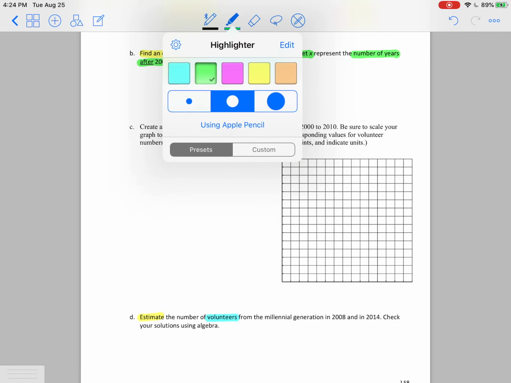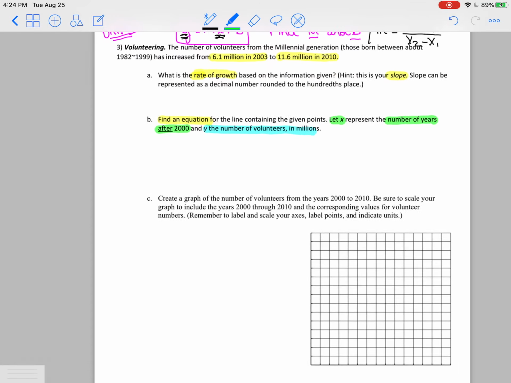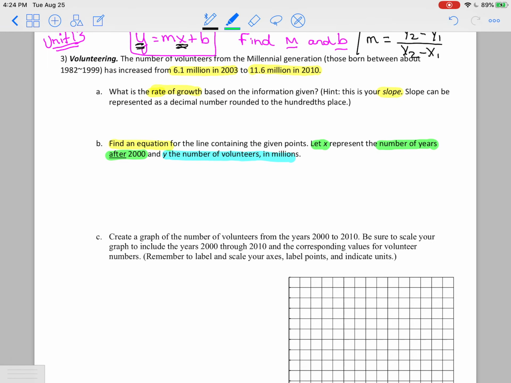So we're going to estimate that number when our years are 2008 and 2014. The other option is to include those in your t-table ahead of time, so you already have the exact number, and then you can look at your graph and see that it correlates with that. All right, so let's go back up to the beginning here.